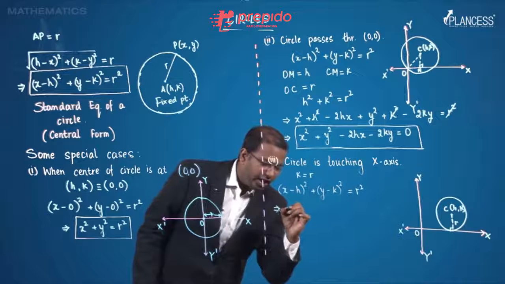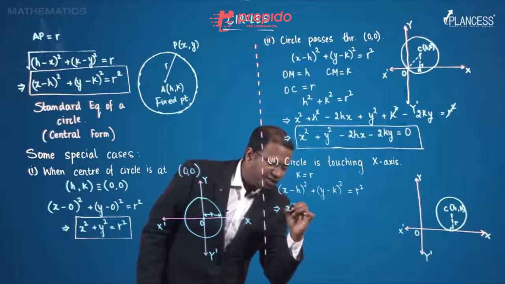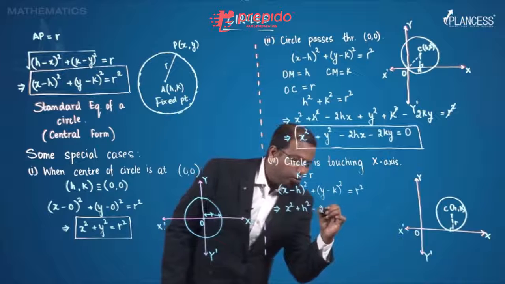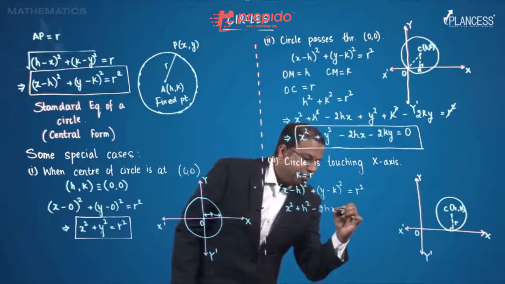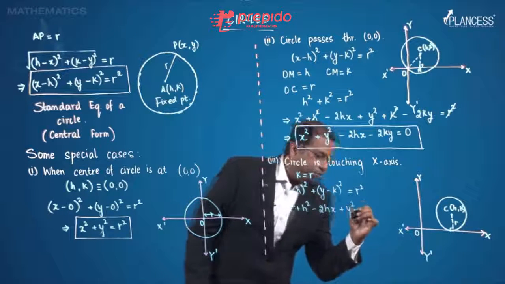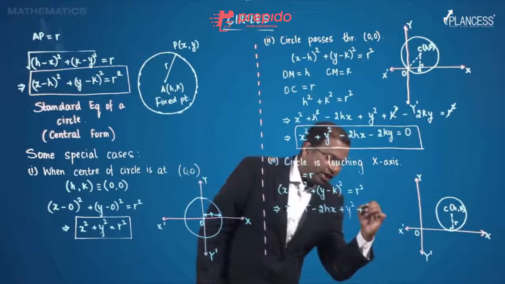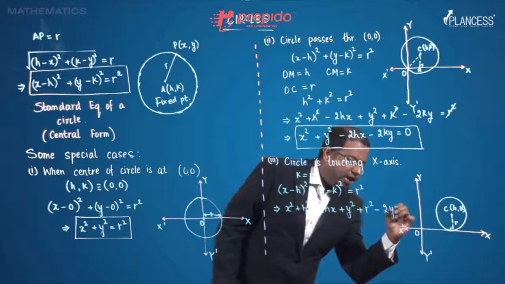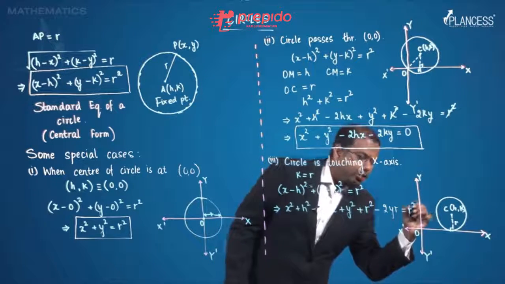On substituting k equal to r, we have x square plus h square minus 2hx plus y square plus, now instead of k we are using r, so we have r square minus 2yr is equal to r square.